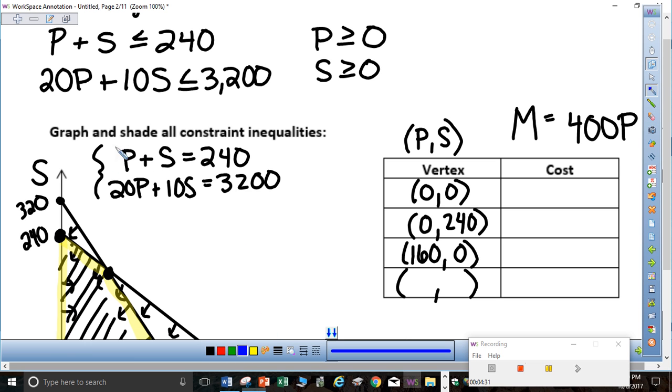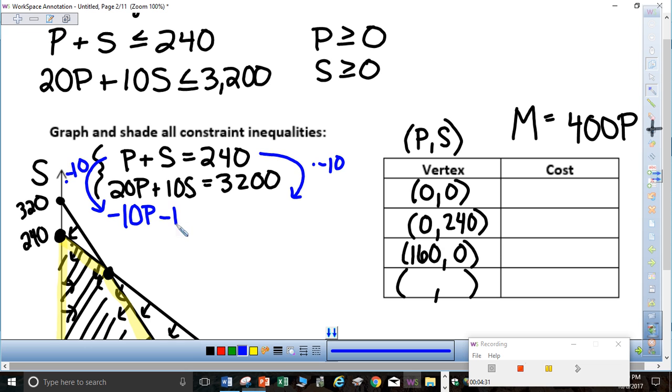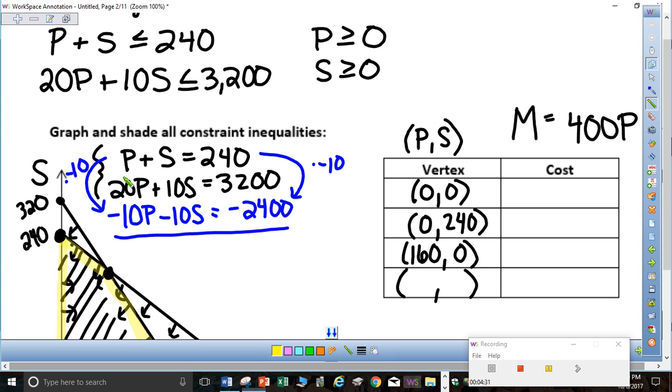Of course, there's a couple of ways you can do it. I'm just going to multiply that top equation, everything, by -10 so that I can eliminate the S variables. So that turns into -10P minus 10S equals -2400. And then I'm going to highlight the two equations that I'm adding together so that I don't get confused.